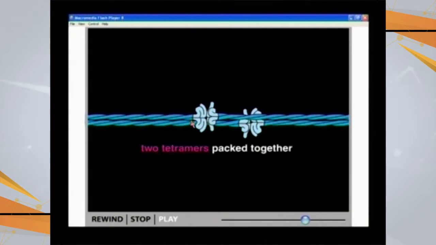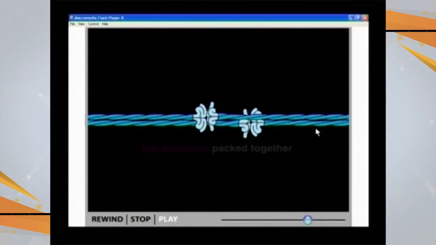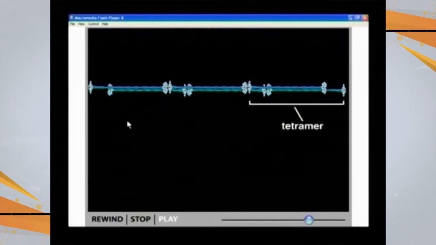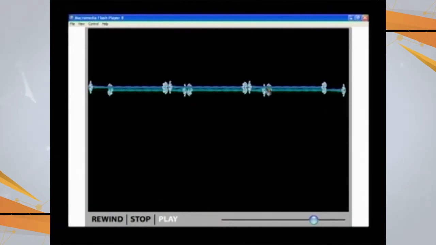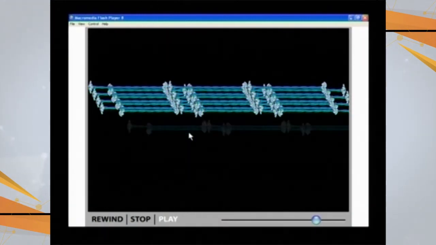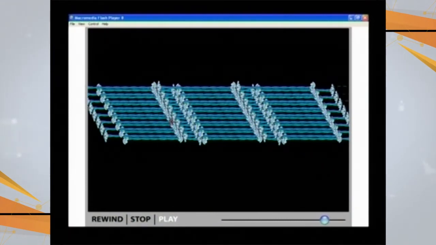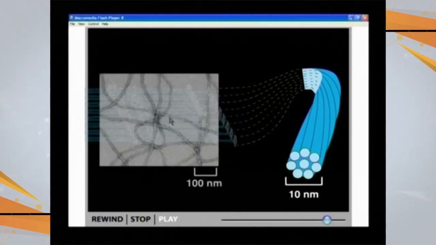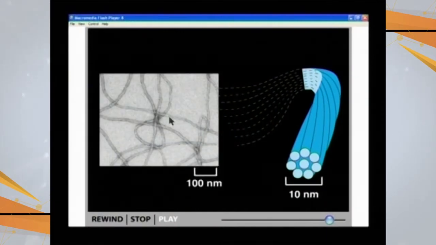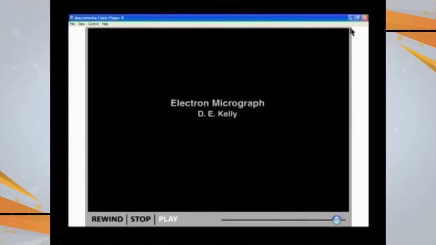These tetramers attach with other tetramers in parallel form, so this is a long filament made in this format, and then many filaments join together in parallel to give us a rope-like structure made up of small filaments to provide the strength. Wherever more strength is needed, there are more twists in the rope, more fibers in the rope, so more strength. They are almost 8 to 12 nanometers in diameter.